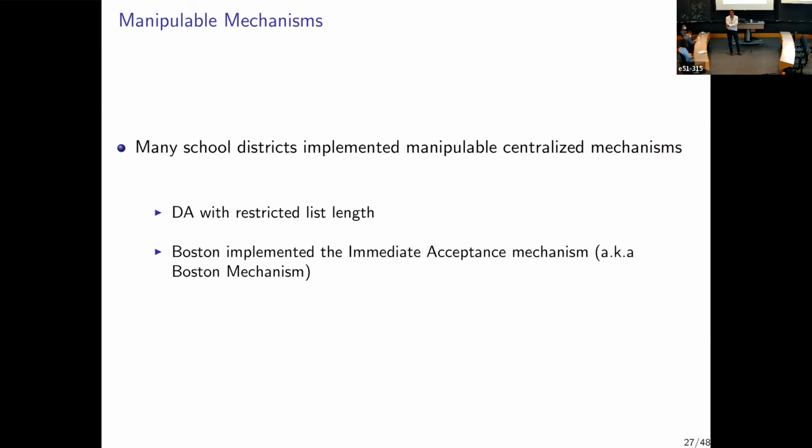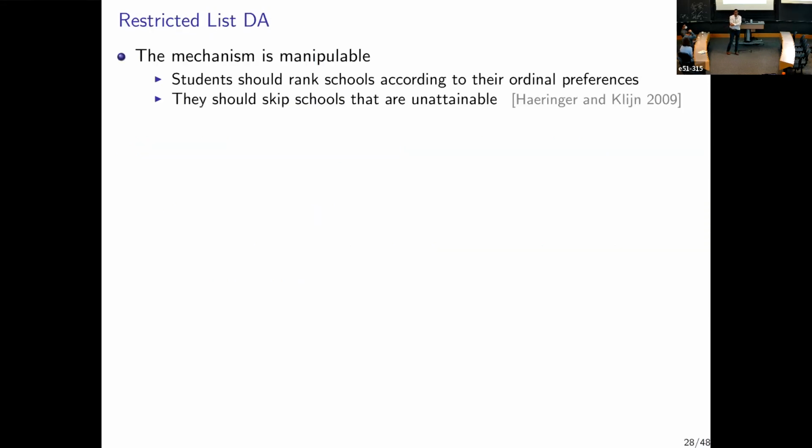You can't take the ordinal preferences that are reported to the mechanism at face value. Okay, and I'm going to talk a little more about why and how you have to strategize. But let's talk about the case that you mentioned, the restricted list DA. Suppose that you can't rank all the schools, all the programs available.